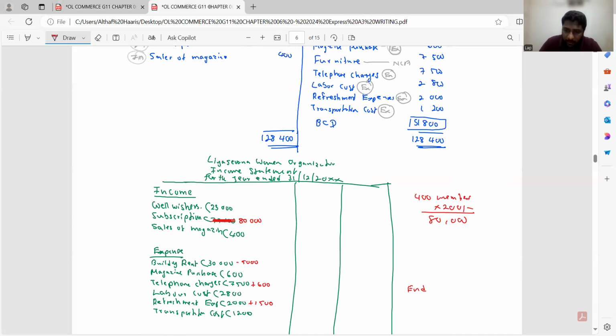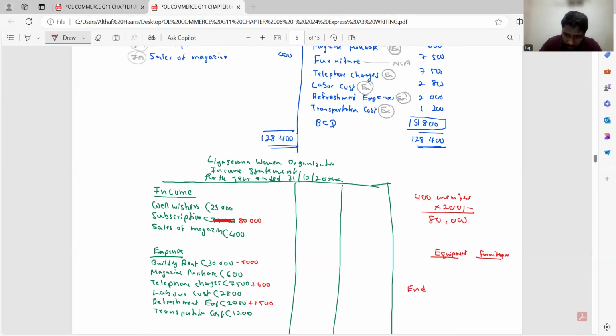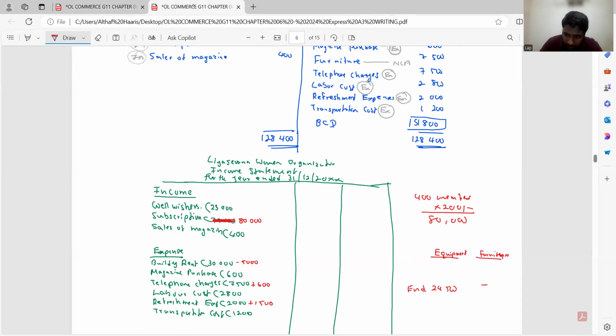Two assets are there, equipment and furniture.